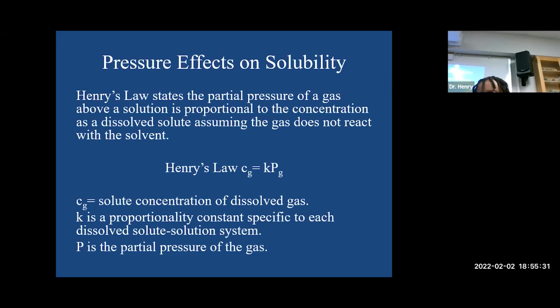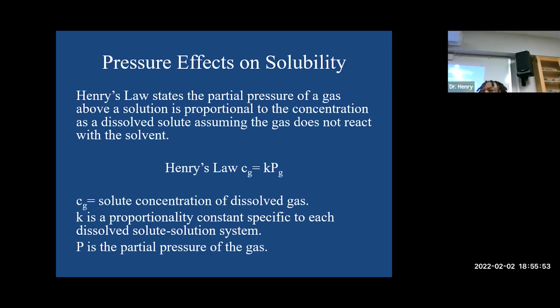Okay, so this is Henry's law. Henry's law basically states that the partial pressure of a gas above a solution is proportional to the concentration of the dissociated solute, assuming the gas doesn't react with the solvent.